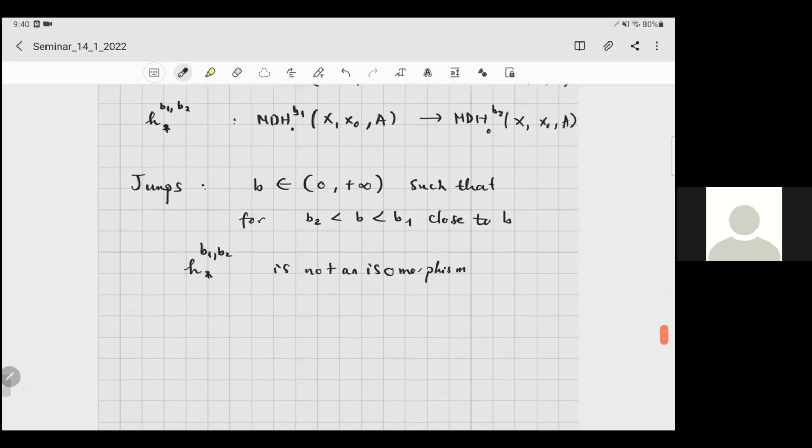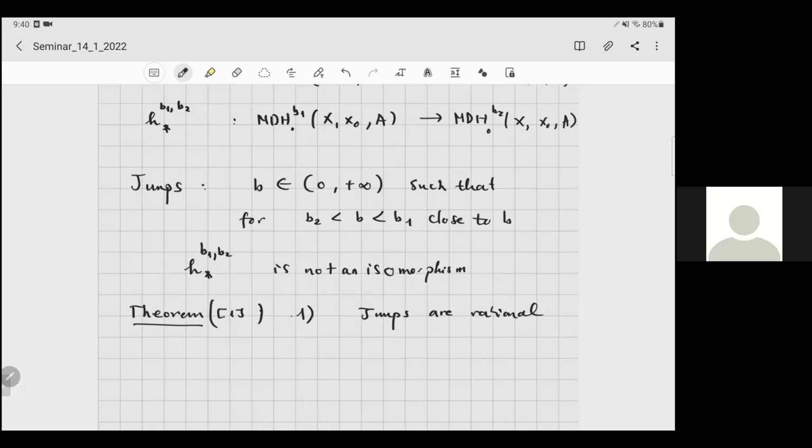So the fact is that the first, the jump, is rational. It means only rational. The reason is because we are working with sub-analytic.